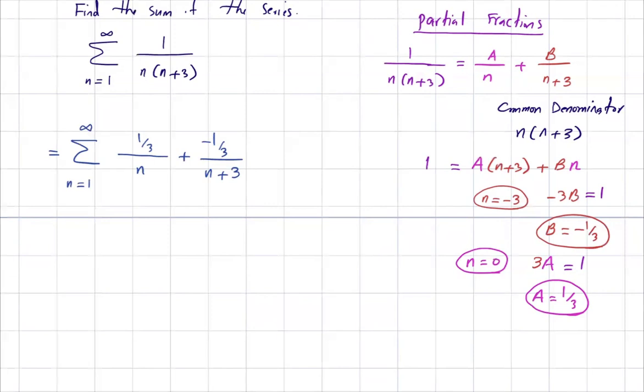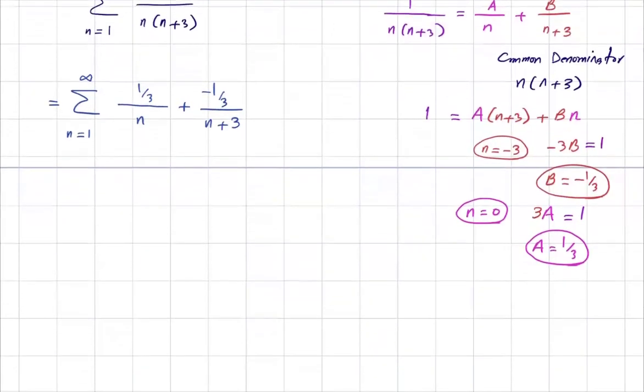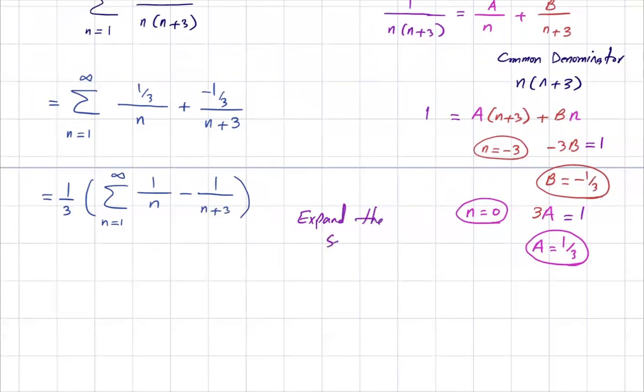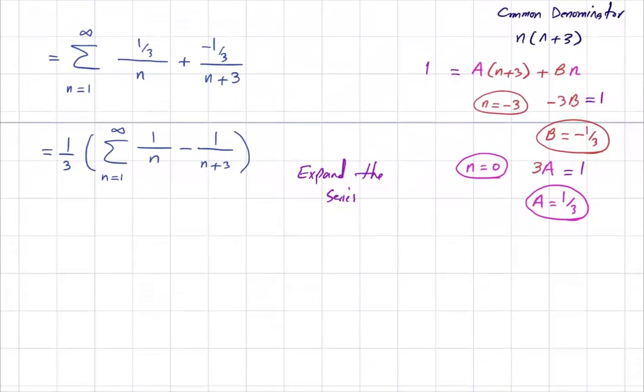Well, what you can do, you can basically factor out 1/3 if it's easier for you to see it that way, and write it as 1/3 times the summation of 1 over n minus 1 over n plus 3, and start from 1, goes to infinity. Let us plug in n equals to 1, n equals to 2, n equals to 3, and expand this series, because we want to see what is the behavior of this series at this point.